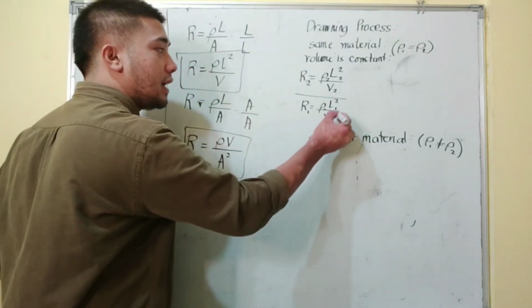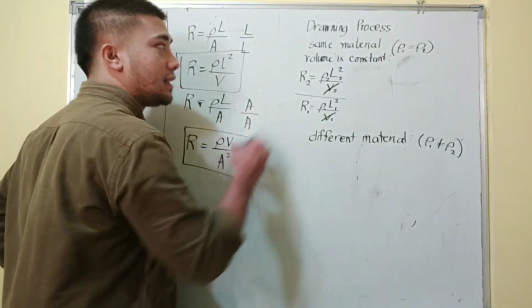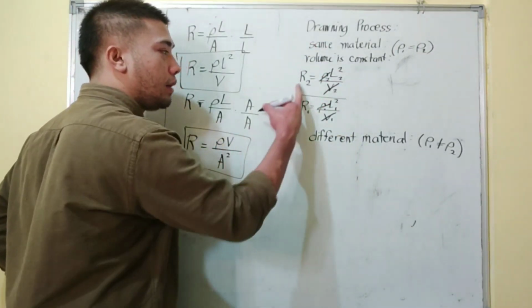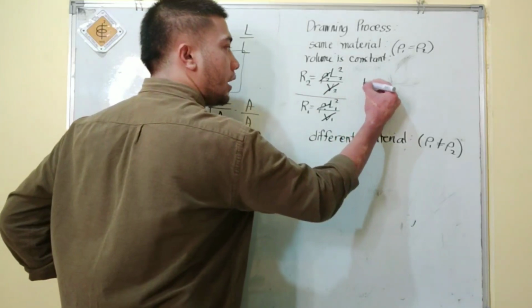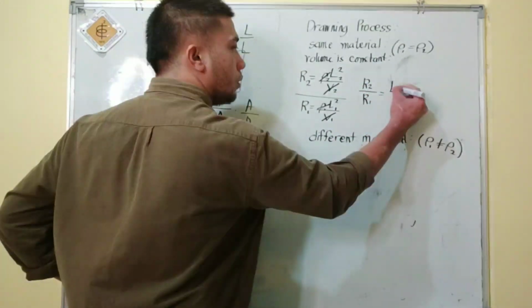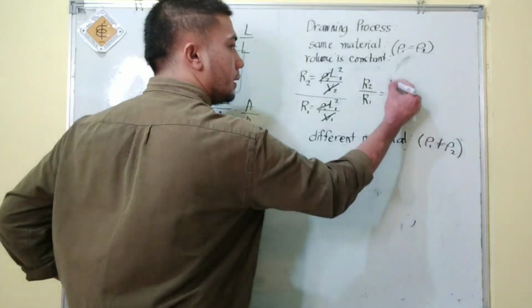Since volume is constant, we cancel it out, and since the material is the same, rho is equal. We derive the formula R2 over R1 is equal to L2 over L1 squared.